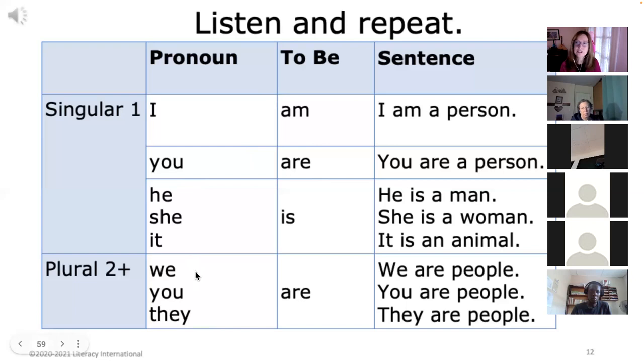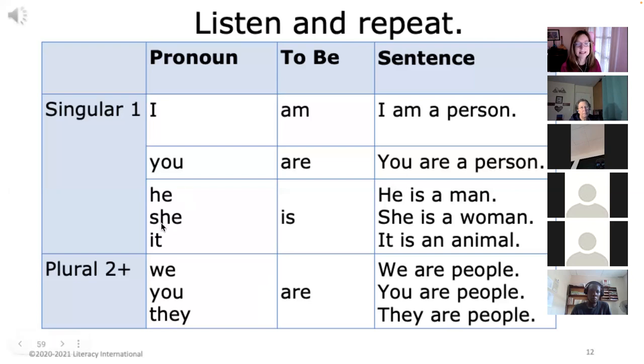So the way I usually explain it to my students is the pronoun you can mean one person or it can be many people. But we always use the plural form of the verb with the word you. So you are a person, or we can say you are people. So it can be referring to one or to many.